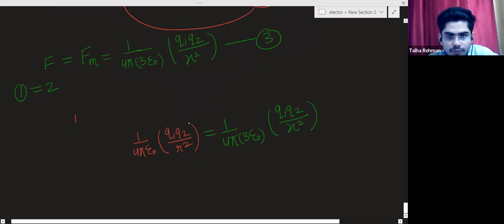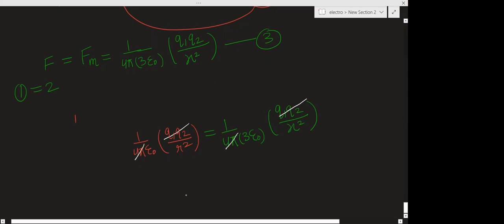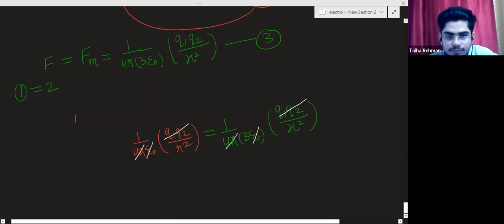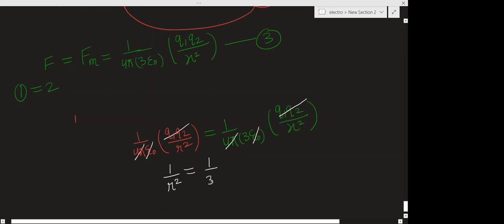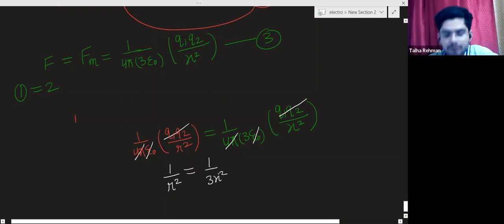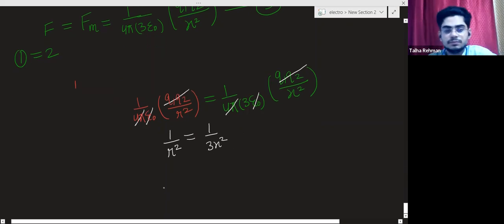This q1 q2 is gone, this 4 pi is gone, and this epsilon naught is gone. Now what we have here is 1 upon r square, and here we have 1 upon 3 x square. So I can write r square equal to 3x square.